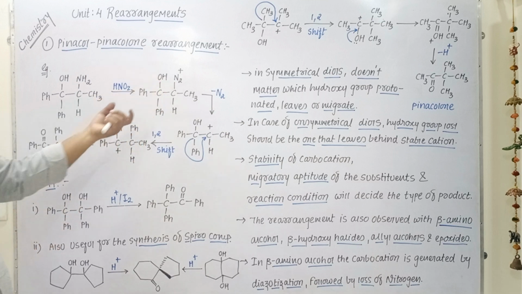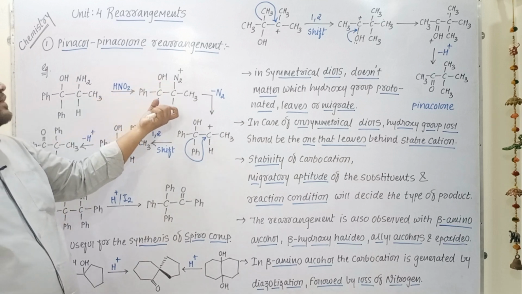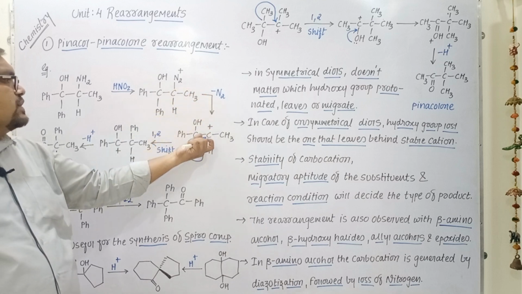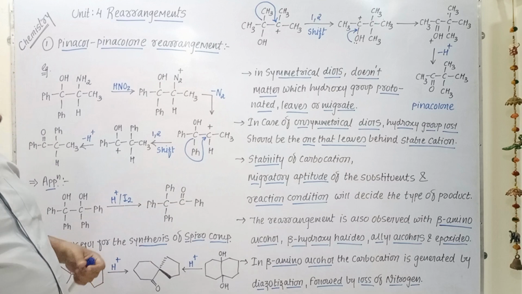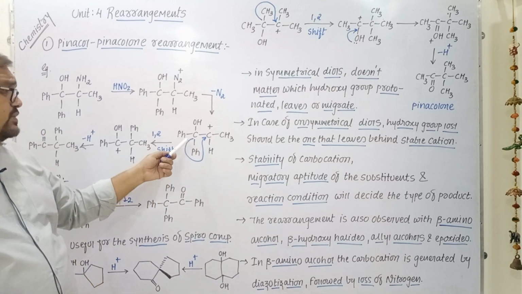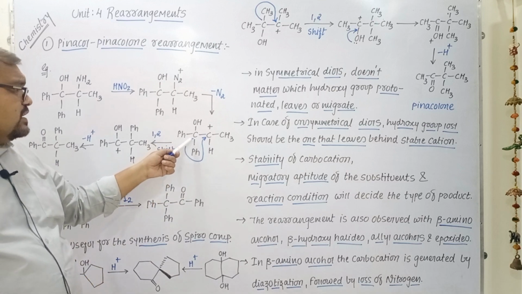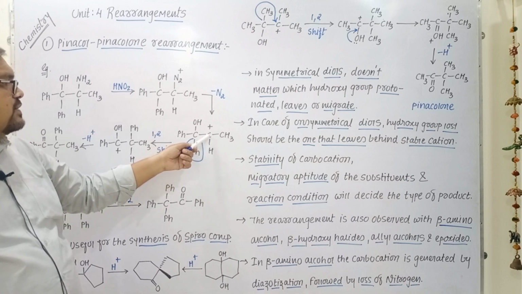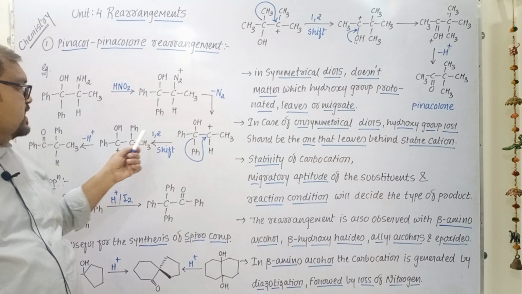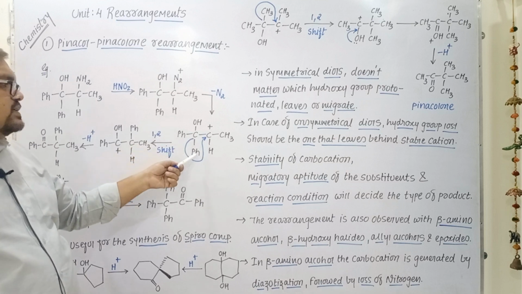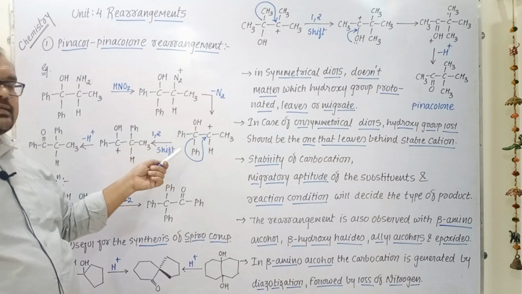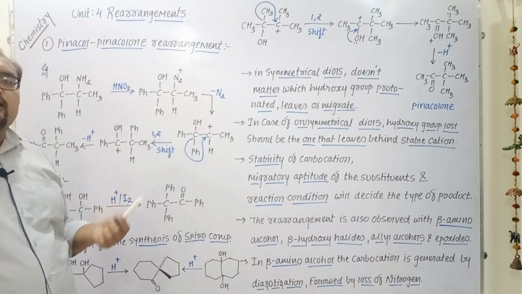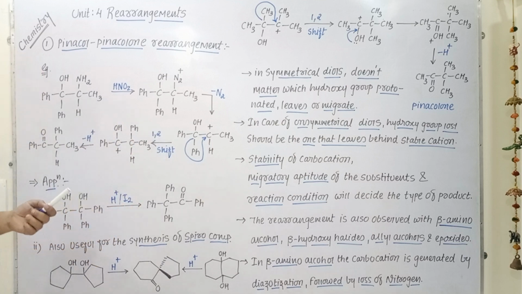This intermediate then loses nitrogen to give a carbocation, as we can see here. Again the phenyl group on the adjacent carbon will shift to satisfy the charge of the carbon, and this adjacent carbon will get a positive charge. This migration is known as a 1,2 shift, as we discussed in the earlier example of the 1,2-diol.